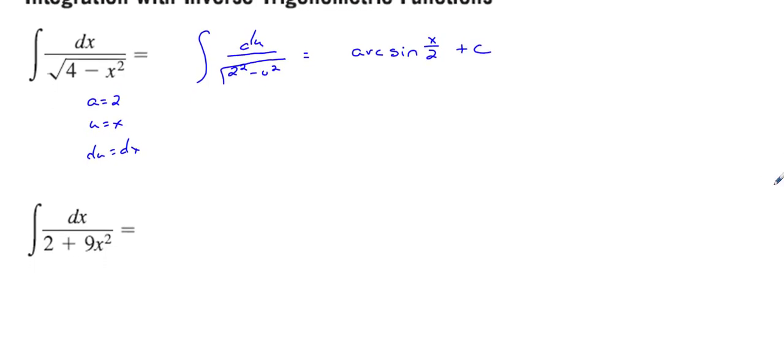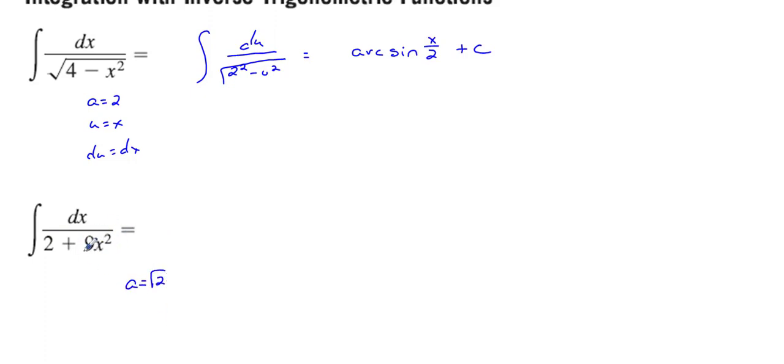All right. This looks like a tangent one to me. A lot of times I try to do a u substitution, but there's still this pesky 2 here. I wouldn't have 18x anywhere, so I stop trying a u substitution and think, okay, this is going to be an arc trig. A is square root 2, because 2 is a squared.